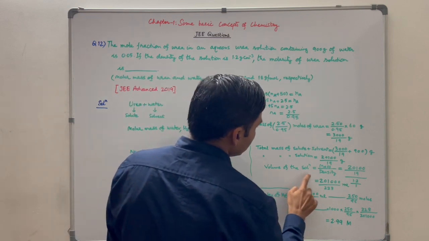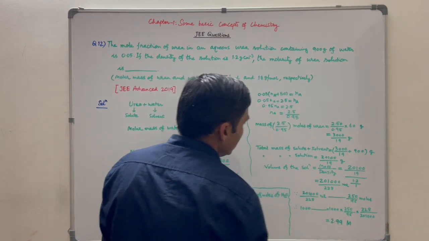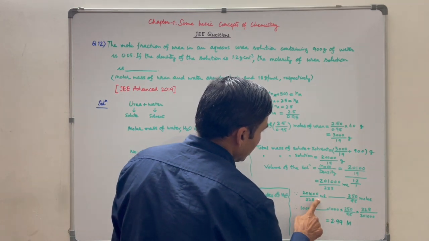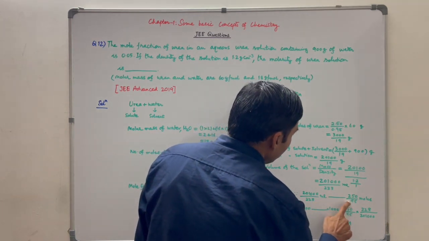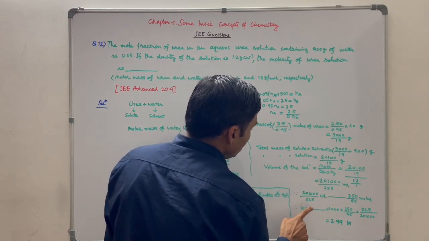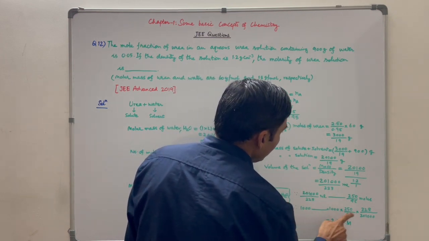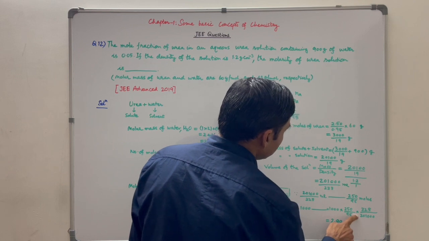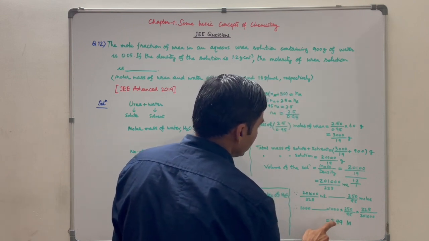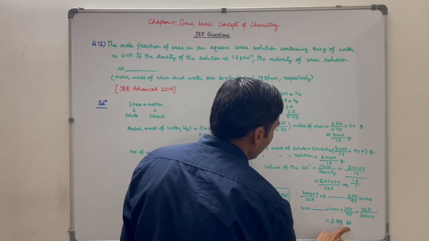So volume of solution is these many mLs. Now we will say when this is volume of the solution, number of moles of solute are these many. So if solution is 1000 ml, then how many moles of solute will be there? This comes out to be 2.99 moles, and the solution is now 2.99 molar solution.